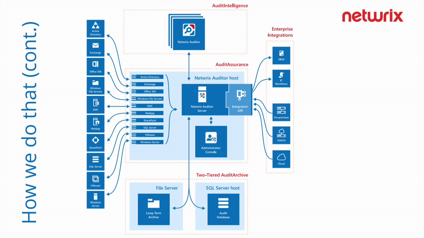You can delegate that read access to someone who's not an administrator. So if you have, let's say, a security manager or internal auditor who needs that data, but you don't want them to be able to change the configuration of auditing, you can just install the client, give them permissions, and they will use that.